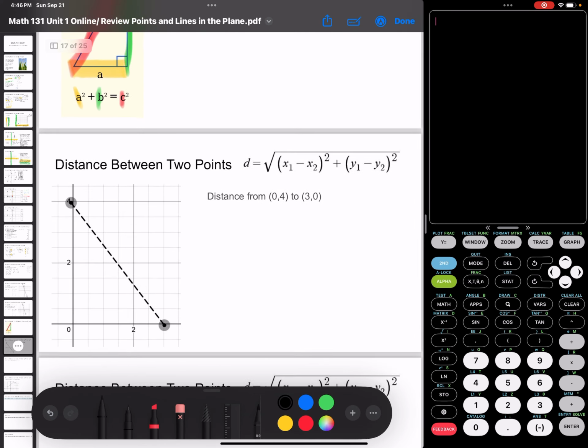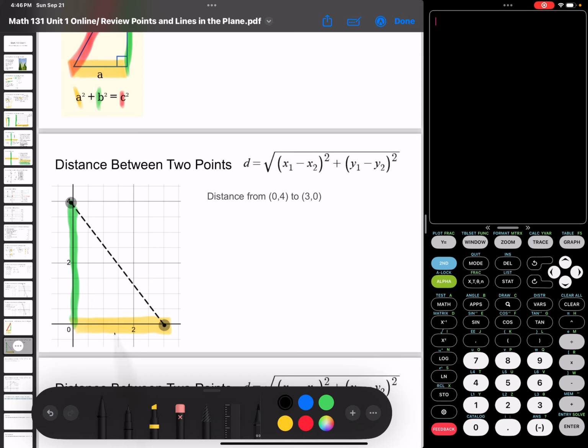So let's suppose we have these 2 points here, (0, 4) and (3, 0). I'm going to show you. We can kind of see, the vertical distance here from 0 to 4, well, we know that's 4. And the horizontal distance from 0 to 3, we know what those numbers are, right?